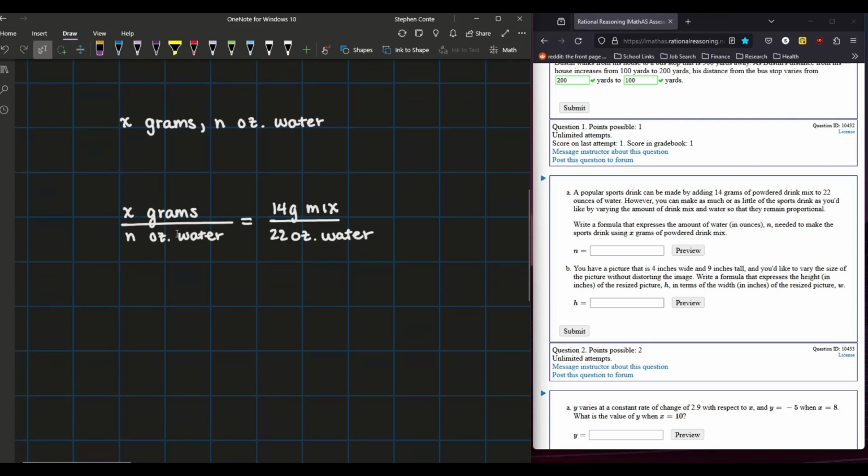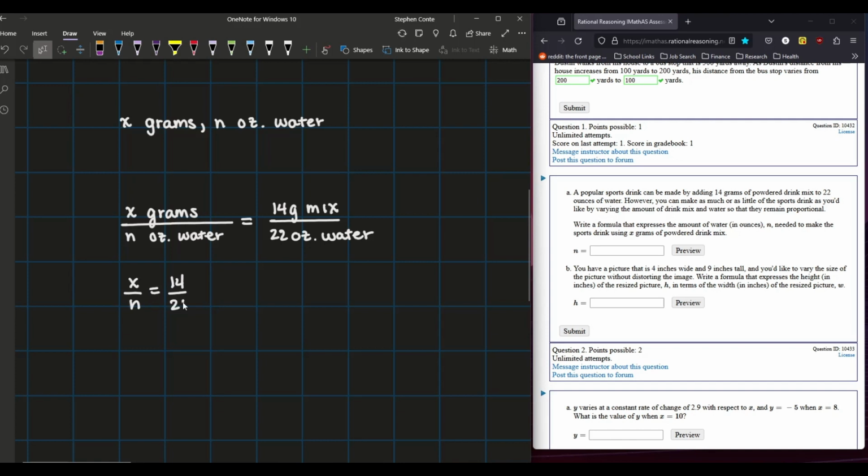So any value of X that I put in here, grams, I can then divide on the left hand side and then on the right hand side, and that will then, well, let's write it out, right? So let's simplify this. Let's remove the units, so I can say X over N now is equal to 14 over 22.